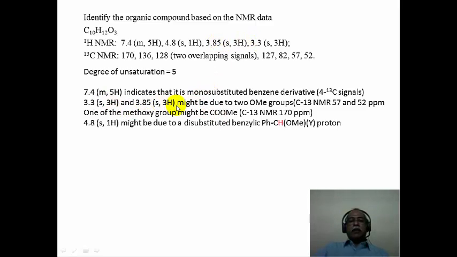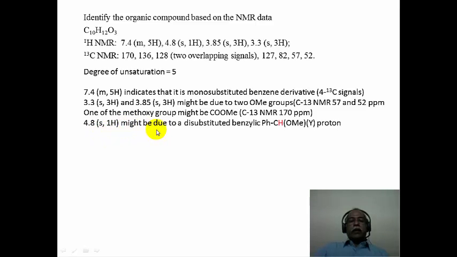So 3.3 and 3.85 might be due to 2 methoxy groups, and that corroborates with the carbon 13 spectrum, where you have 57 and 52 corresponding to the 2 methoxy groups. One methoxy is because of an ester, because you have a 170 ppm signal in the carbon 13 spectrum. And this methoxy has a higher delta value compared to that methoxy. So this is probably an ether OCH3, whereas this is a COOCH3.